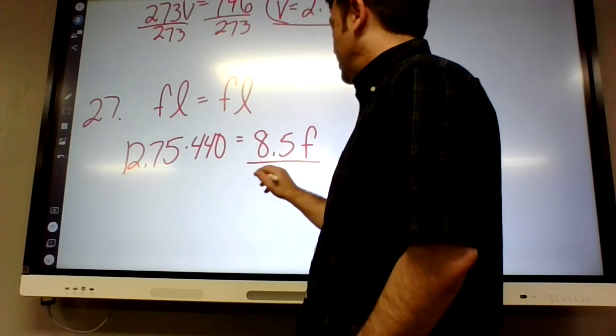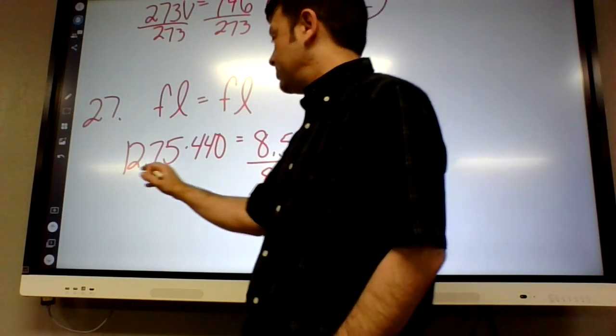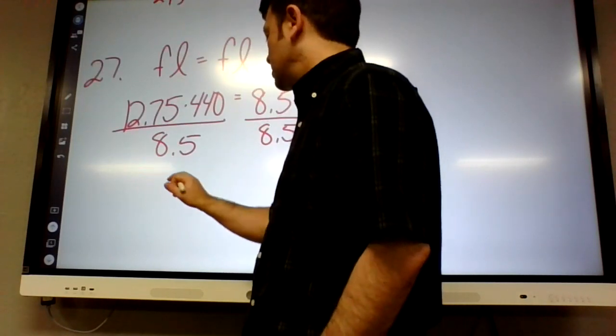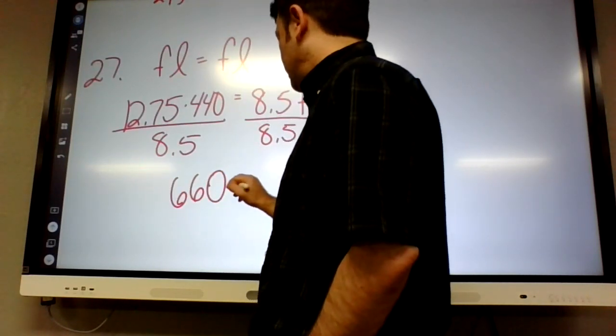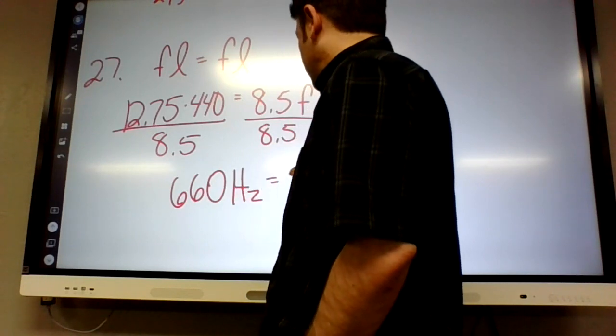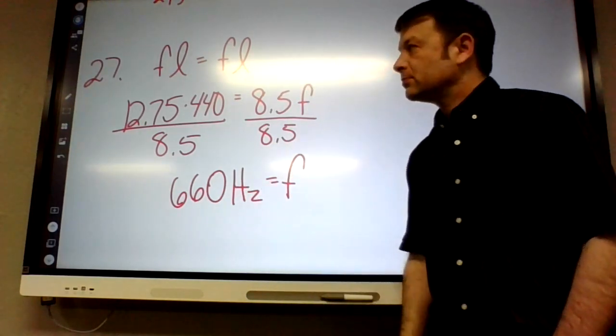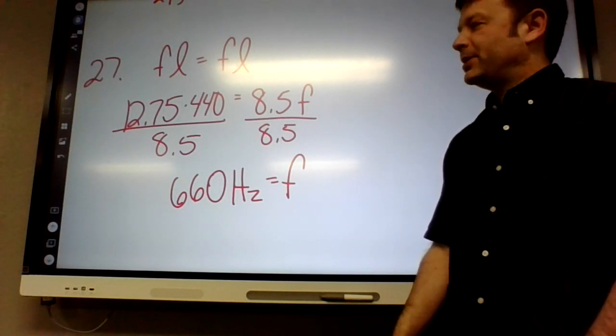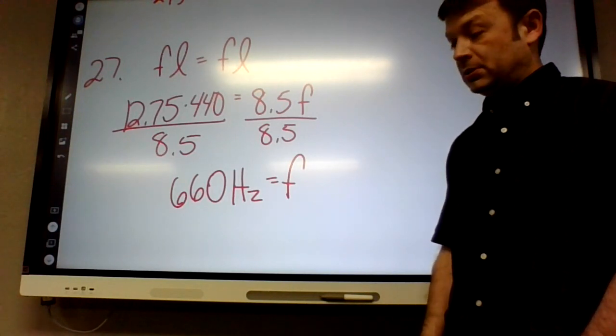So anyway, whatever that is, we have to divide by 8.5. 660 hertz is the frequency. I guess that's a way of measuring vibrations, how quickly or slowly.